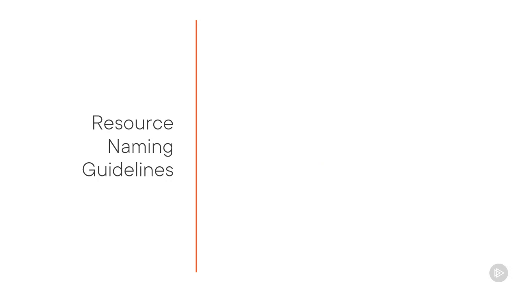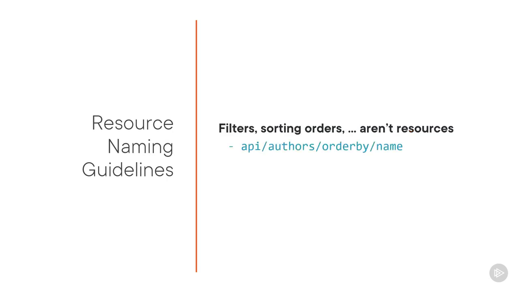APIs often expose additional capabilities, like allowing filtering the resources or ordering them. Those parameters should be passed through via the query string. So you shouldn't write something like what you see on screen here if you want to order the authors by name. There's a few contract smells in that URI. A plural noun, for example, should always be followed by an ID and not by another word.